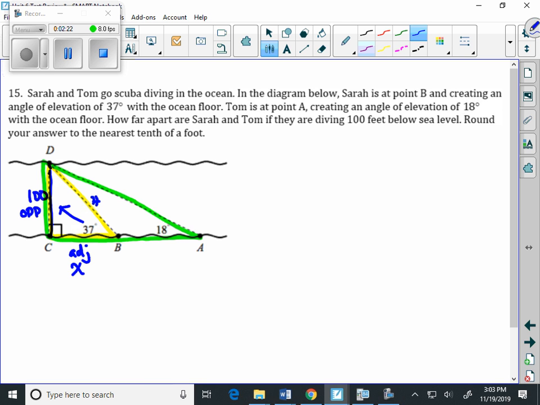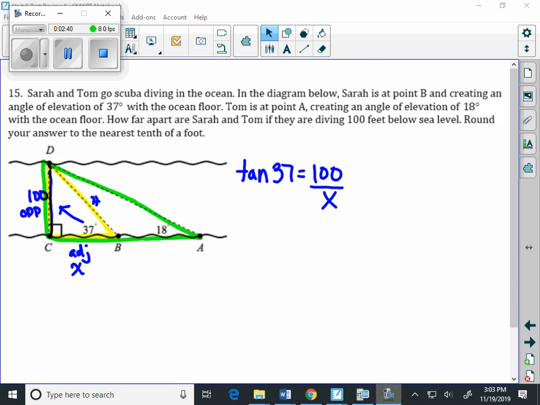So we know the opposite, we want to find the adjacent, and that's going to be a tangent function. So we're going to set up tangent of 37 equals opposite divided by adjacent.